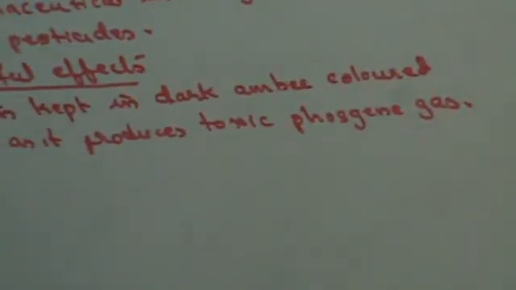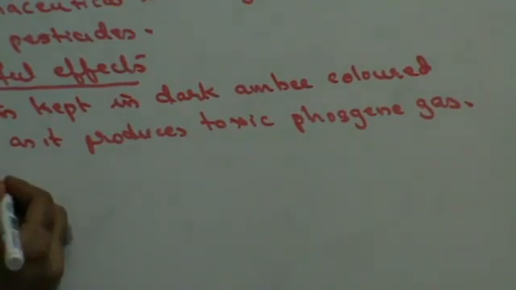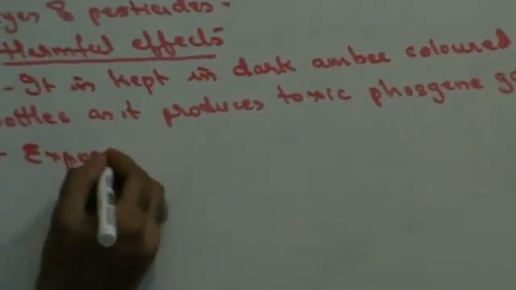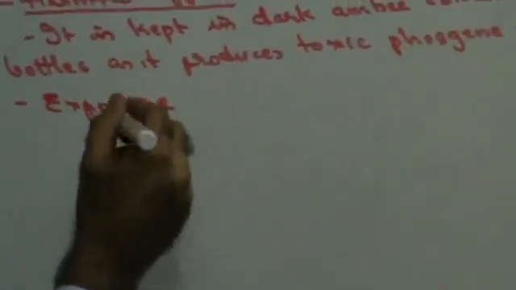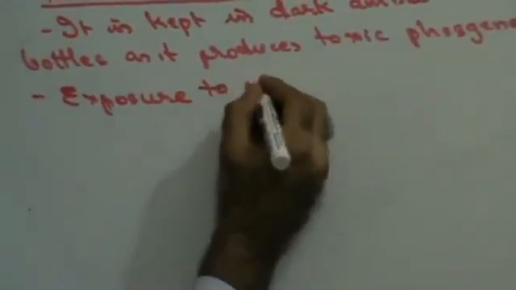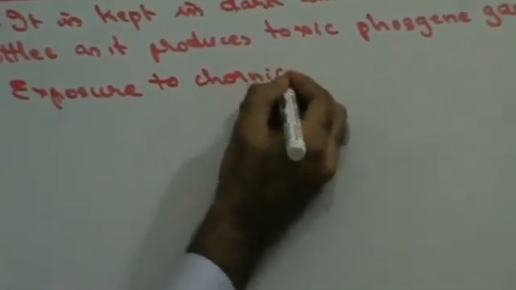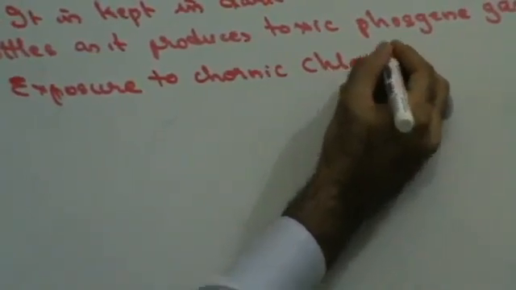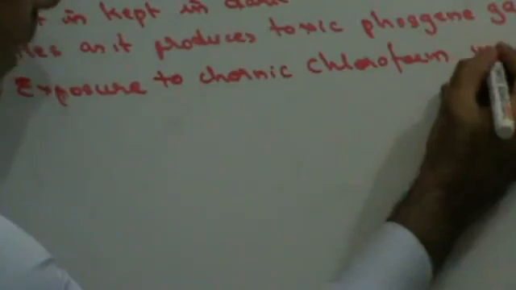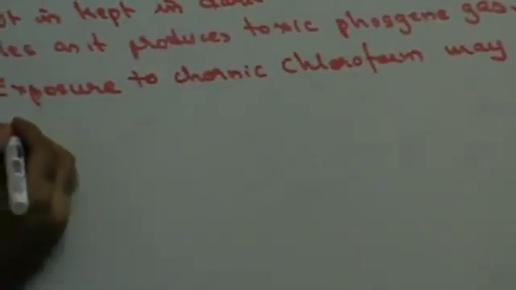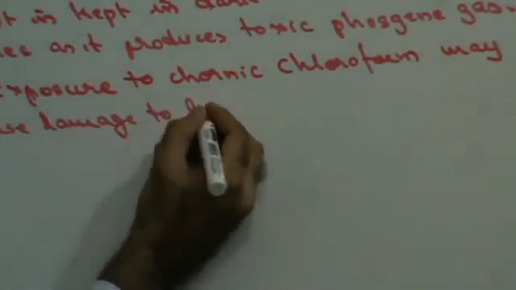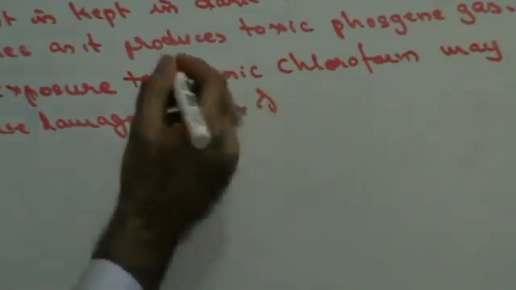Besides that, exposure to chronic chloroform may cause damage to liver and kidney.